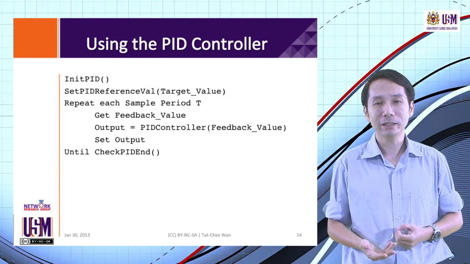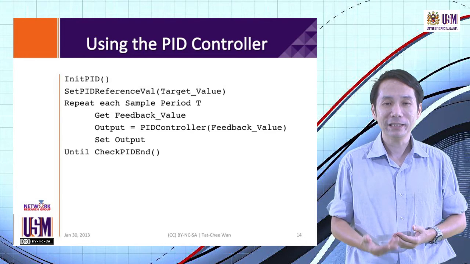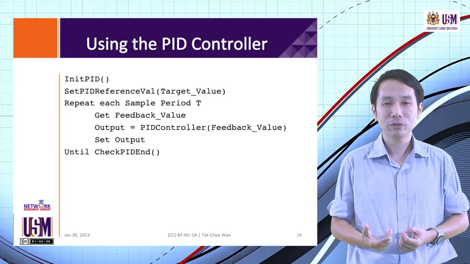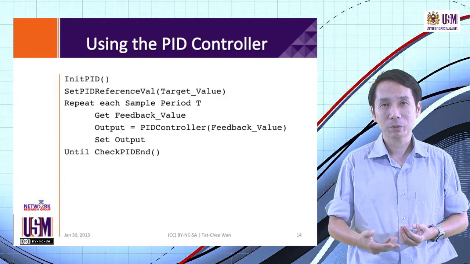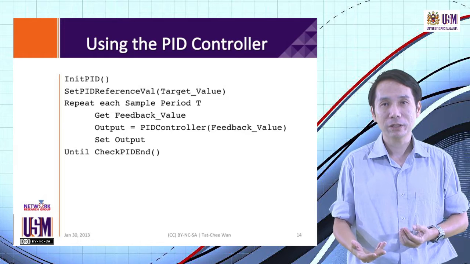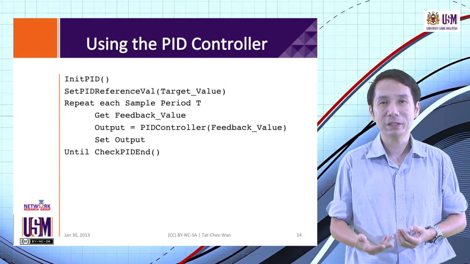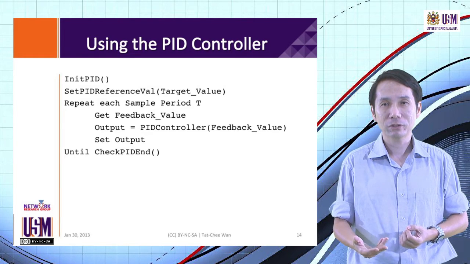Once you have set the target value, we repeat this for each sample period T: get the feedback value from the output of the PID controller, use that to generate a new output value using the PID controller algorithm, and then program the output to the actuator or motor. We continue doing this every sample period T until convergence has occurred.